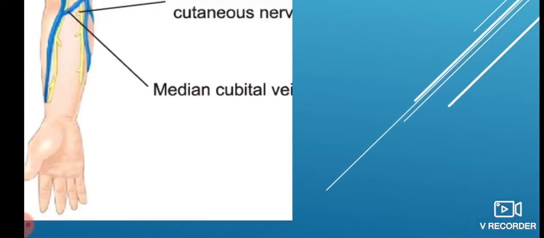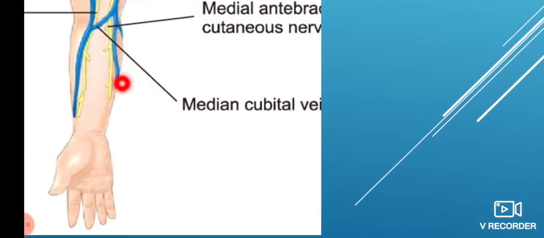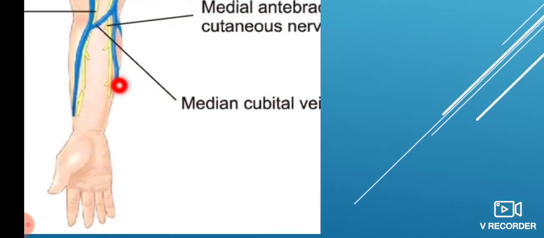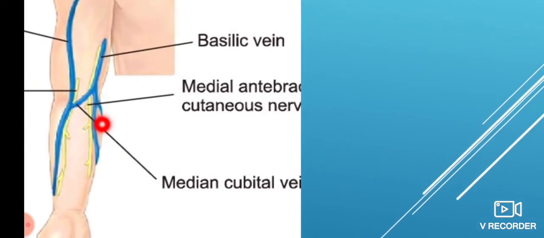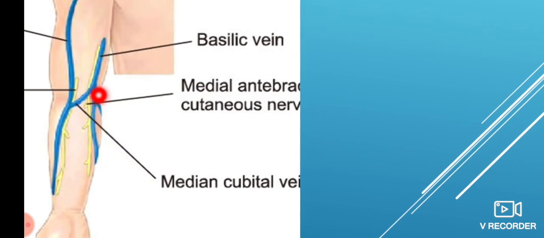Now, the basilic vein originates from the medial end of the dorsal venous arch. It passes along the medial side of the forearm first, then reaches the cubital fossa and crosses over it, then reaches the medial side of the arm. When it reaches the middle of the arm, it pierces the deep fascia, and thereafter we cannot see this vein from the anterior view.